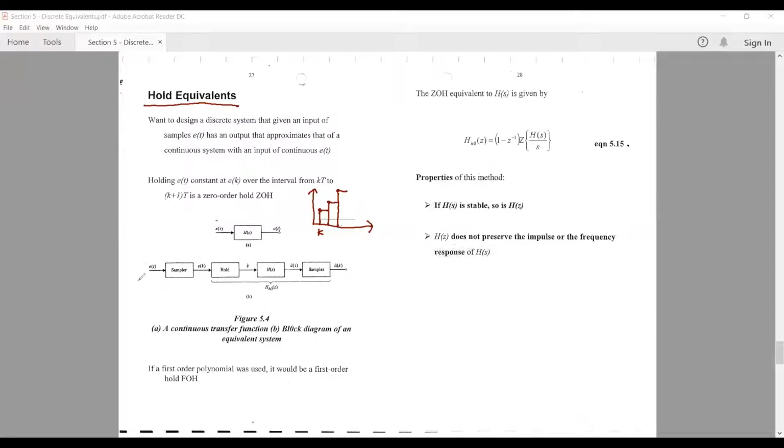You have input e of t, then a sampler which samples e at the sampling times kT, and then the zero order hold holds the value constant up till the next sampling time. After the hold we get e bar, which is fed into the transfer function, and from that we get u bar of t, which is the output.